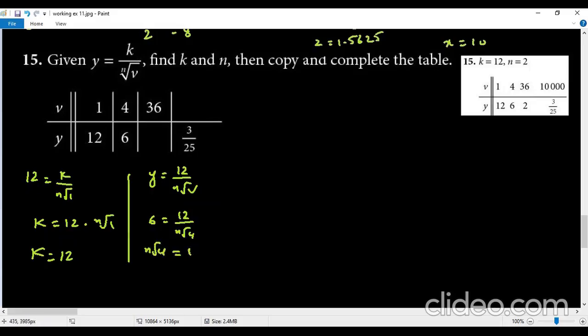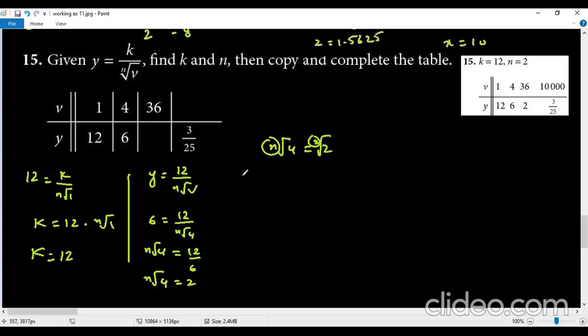This is going to be 12 divided by 6. So n radical 4 equals 2. Now always remember, when I am changing the radical, the radical of 4 is equal to 2. What is the radical? I should put it here to make it a 4. That means I'll be putting a 2 here. Get it? So now n is equal to 2. Whatever we use in place of n, we'll be replacing with a 2.